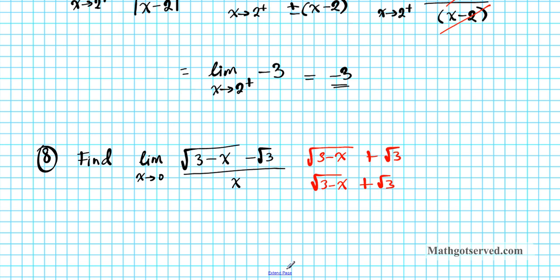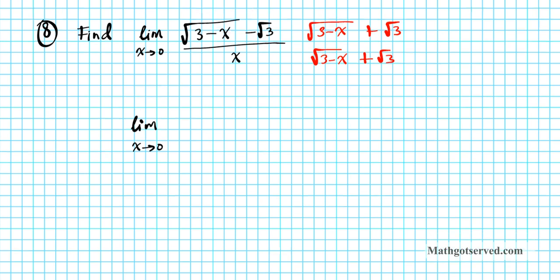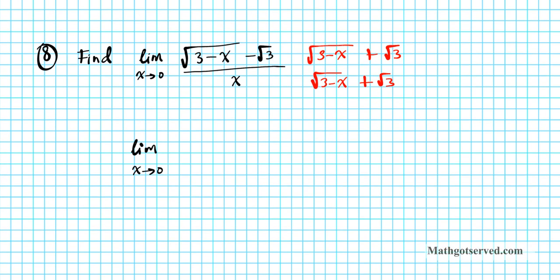All right, now let's multiply this out. So this is going to give us the limit as x approaches 0. This is a difference of squares, so consider this being a minus b times a plus b. Okay, a minus b times a plus b equals a squared minus b squared.